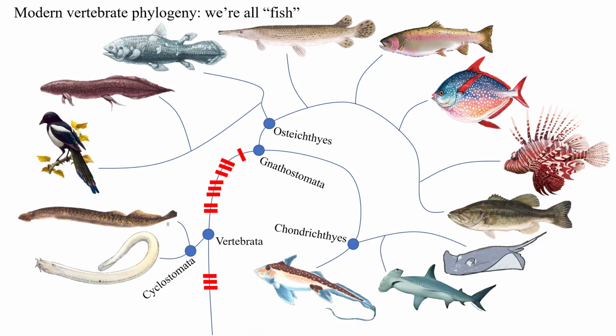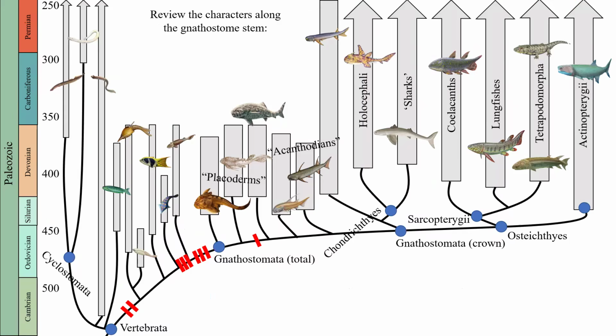Before we get too far into the Osteichthyes, which break up into ray-finned fish, Actinopterygii, and lobe-finned fish, Sarcopterygii, I wanted you guys to refresh yourselves. One of the most important things we can do in this class is build this phylogeny so that you have an expectation of the shared nature of different characters.